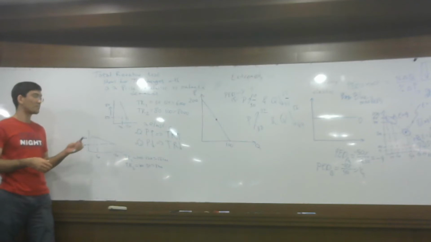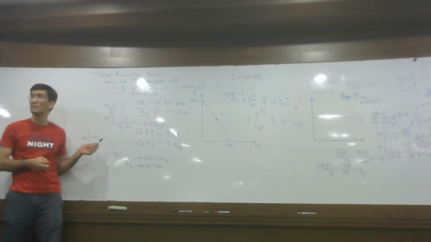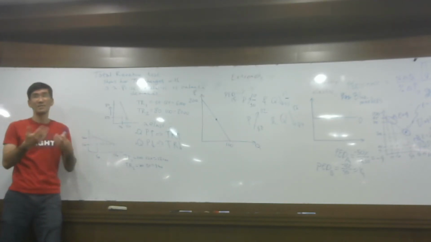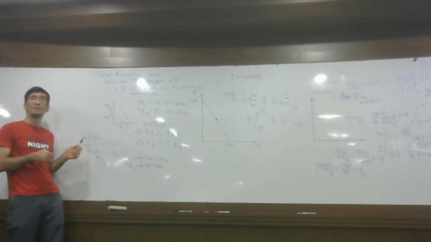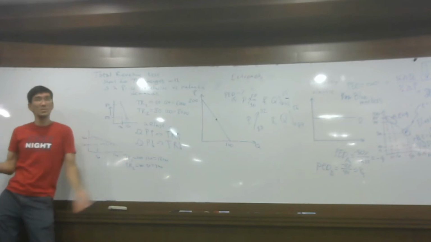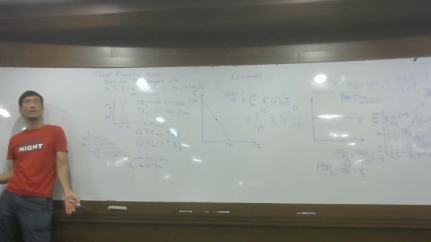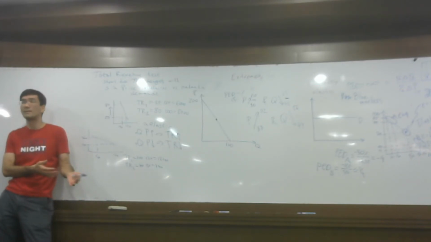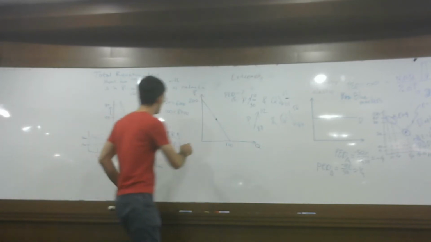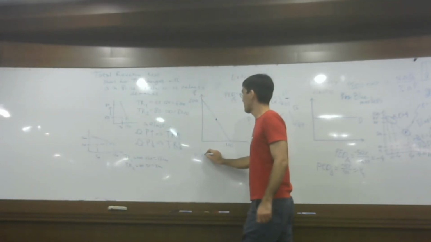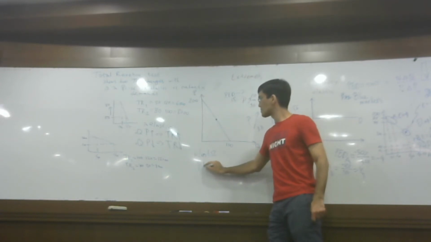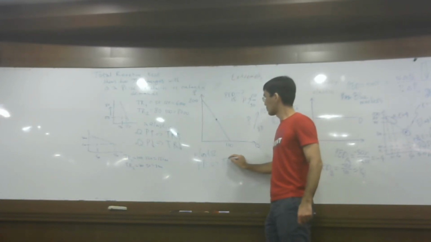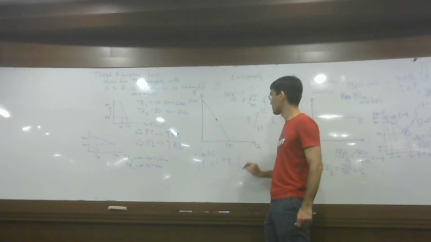Why? Because if the demand for the product is elastic, you increase the price, trying to get more money from the customers, but they just don't buy your product because they buy other things. So for elastic demand, as price goes up, total revenue drops.